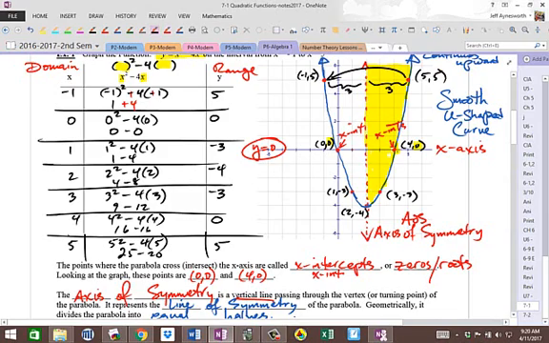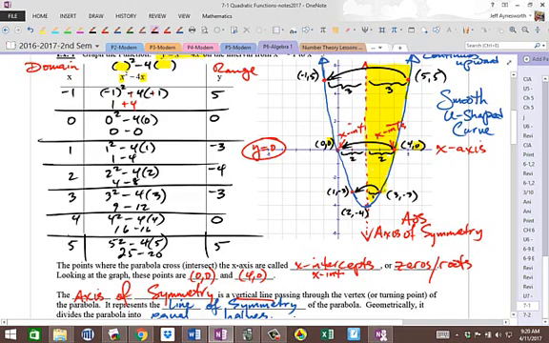Right here, (4, 0) is 2 units from the line of symmetry, so its point of reflection should also be 2 units on the left-hand side. So I could reflect that and get another point. And then down here, this is only 1 unit. I can reflect it to get the point of reflection on the other side. These are called points of reflection of the parabola.